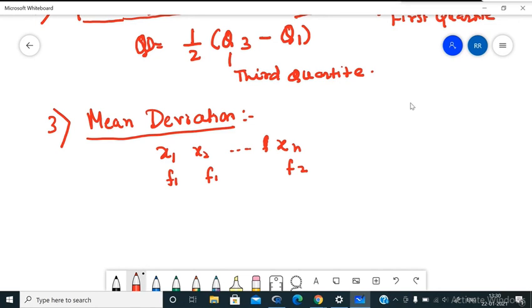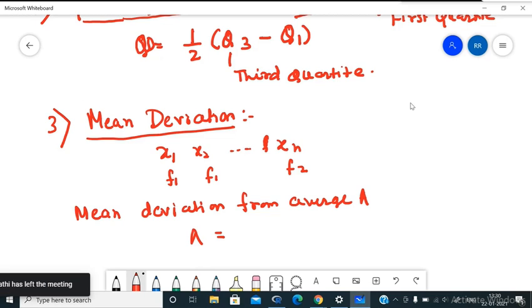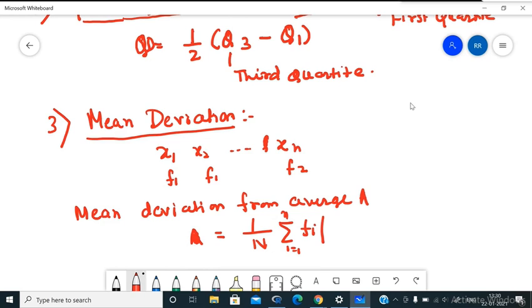So the mean deviation from an average A can be defined as 1 by n summation, i varying from 1 to n, fi times modulus of xi minus A.